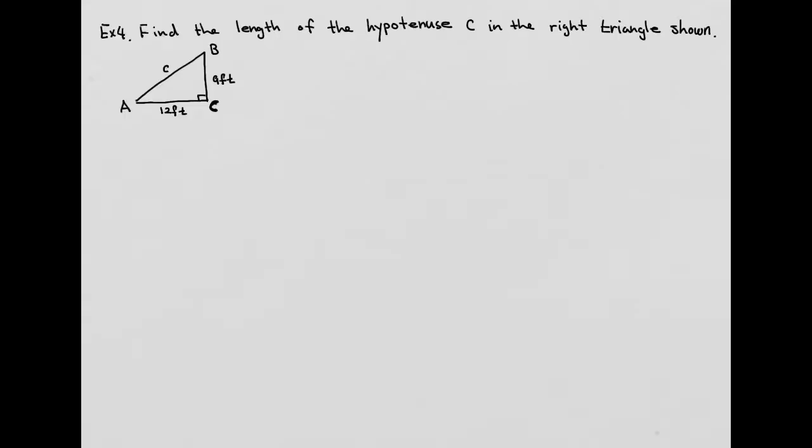Example 4: we wanted to find the length of the hypotenuse. See, this is called the hypotenuse right here, because that's the longest length of your triangle. It's the longest length because it's across from the right angle.